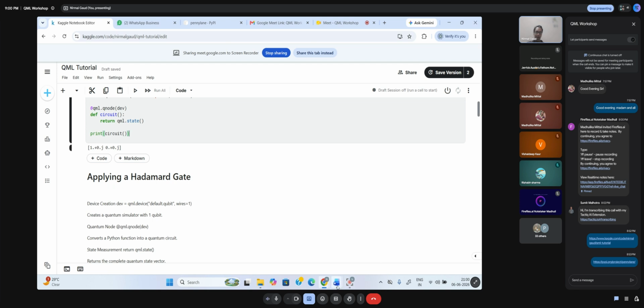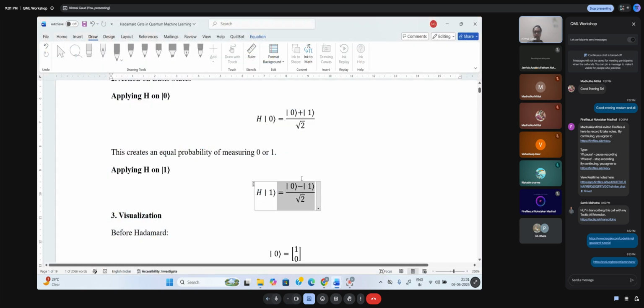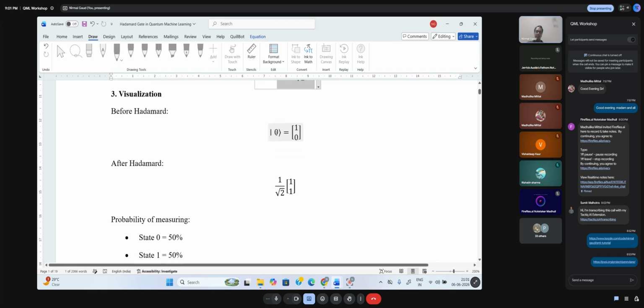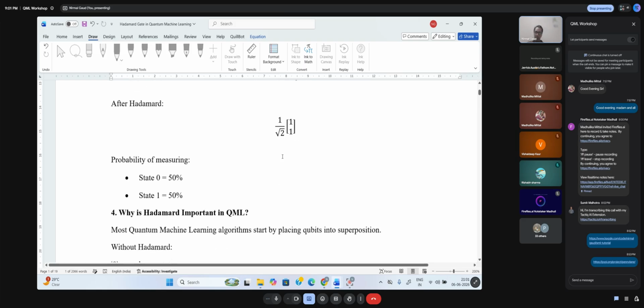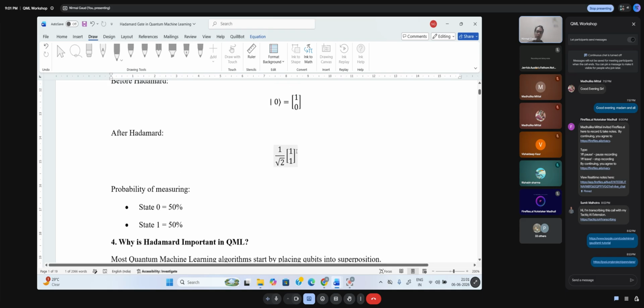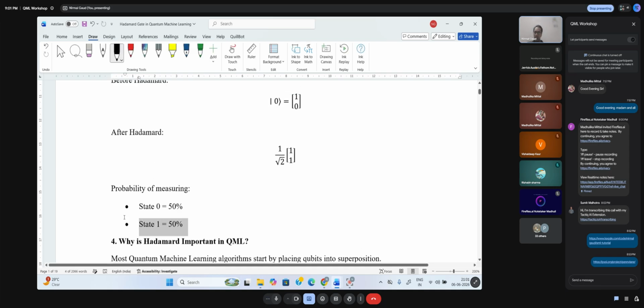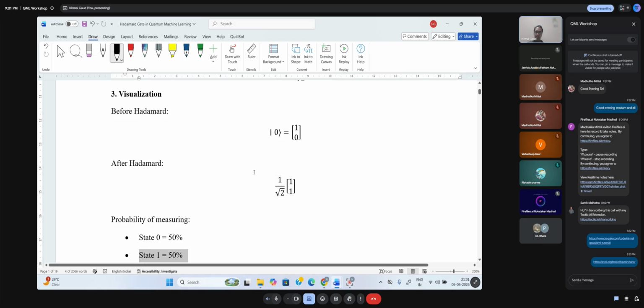Okay, and if we apply Hadamard, then we can have a superposition. Let's say before Hadamard, this state has 1 and 0 values. After Hadamard, it will be 1 by root 2, 1, 1. The probability of measuring the 0 state is 50%, and the probability of measuring the 1 state is also 50%.